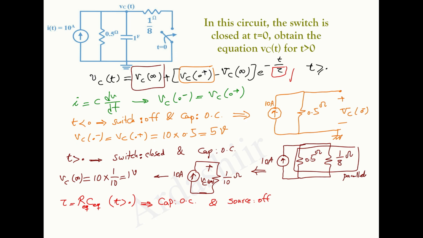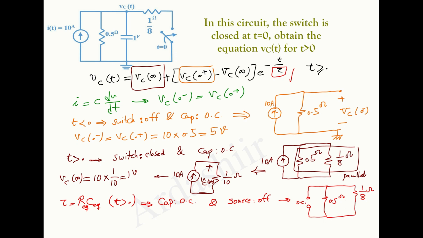So the equivalent circuit is an open circuit for the current source, and also we have here a 0.5 ohm resistor, and also a 1 over 8 ohm resistor here, and also the switch is closed.